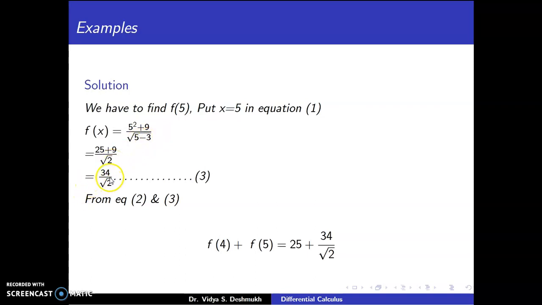That is equals to 34 upon root 2, and it is our equation 3. From equation 2 and 3, we can write f of 4 plus f of 5 equals to 25 plus 34 upon root 2. Okay, we get here the answer.